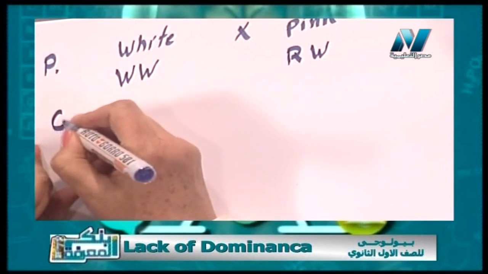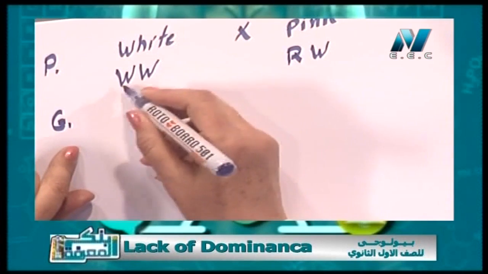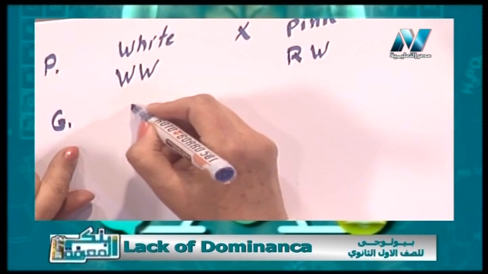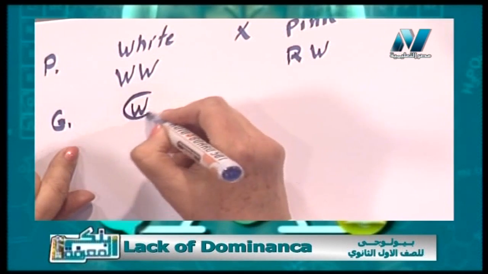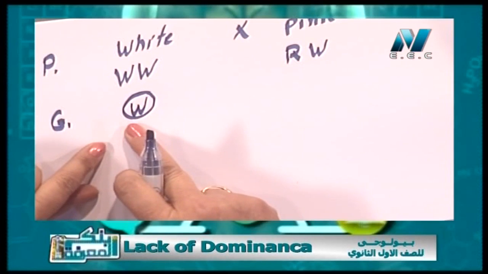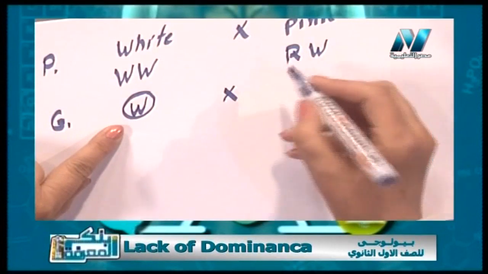So how can we get the gametes? The gamete could be one of these genes. And since these genes are similar, we get one of them. It's not the number of the gametes. But what about this one?